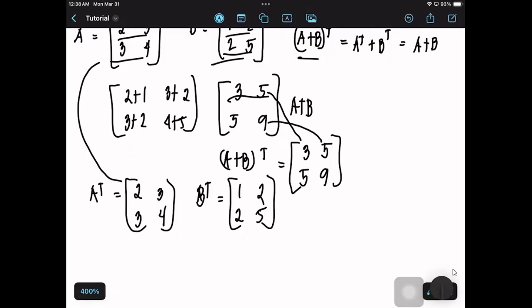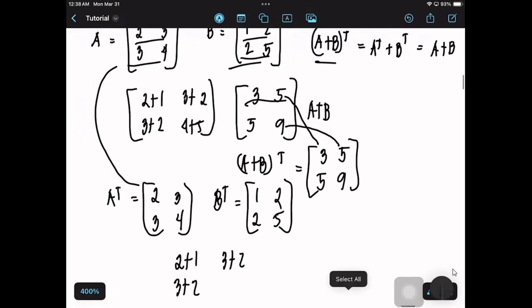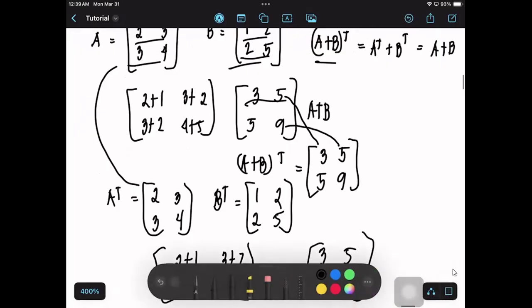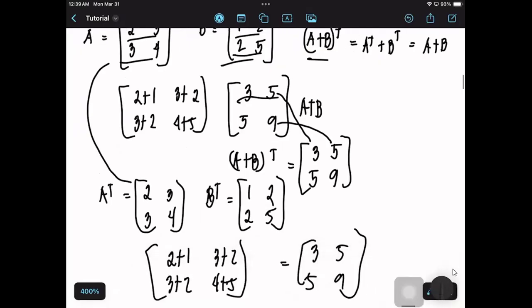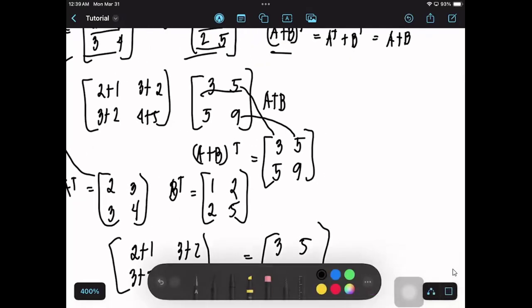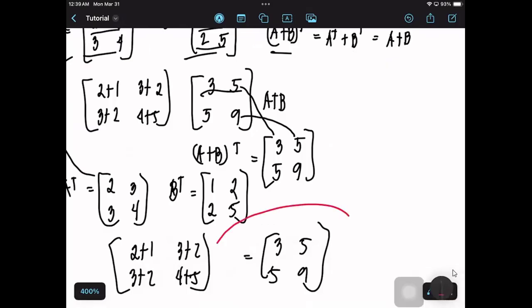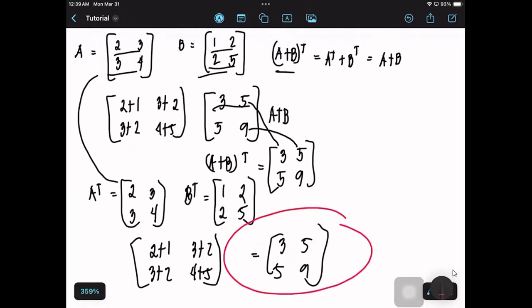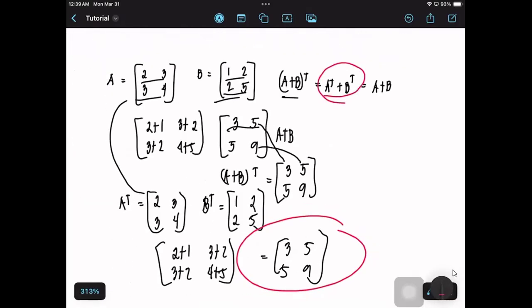When you calculate that, 2 plus 1, 3 plus 2, 3 plus 2, then 4 plus 5, it will become 3, 5, 5, and 9. Even if you compare, this is the transpose of A and the transpose of B, and it is still the same thing.